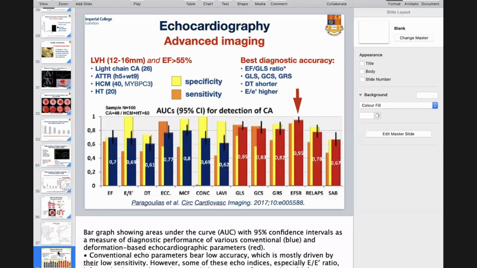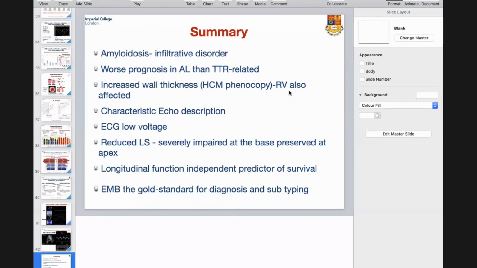I will conclude, therefore, that amyloidosis is an infiltrative disease. There is worse prognosis in AL amyloidosis than in transthyretin-related amyloidosis. The increased wall thickness, remember, may be a hypertrophic cardiomyopathy phenocopy, and may also involve the right ventricle.